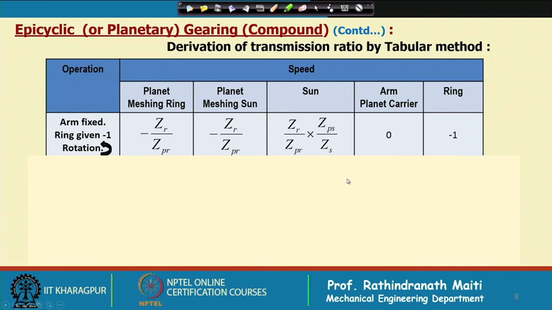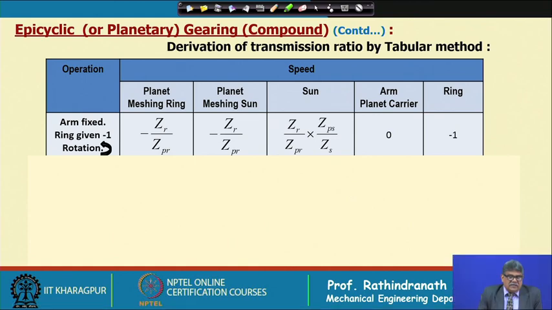In the tabular method, first we consider the arm fixed and the ring is given -1 rotation, where -1 means anticlockwise rotation. Then for compound gearing, the planet meshing with the ring will have the motion ZR by ZPR.